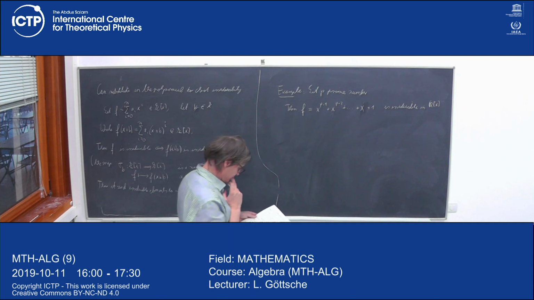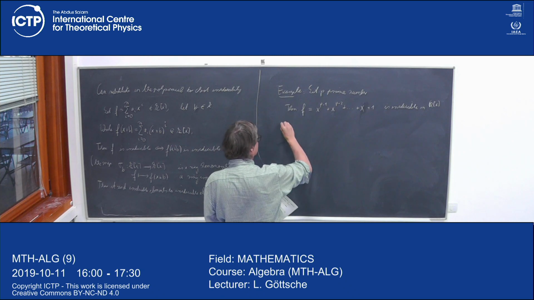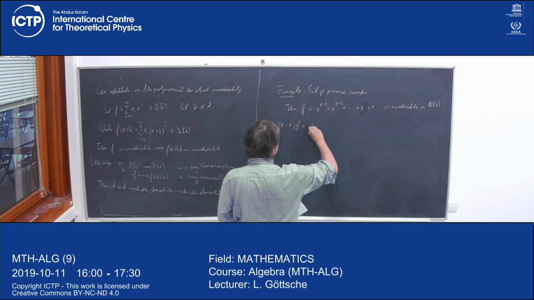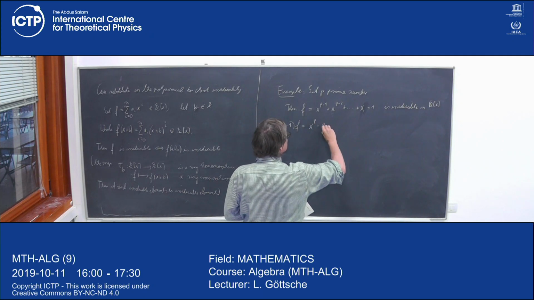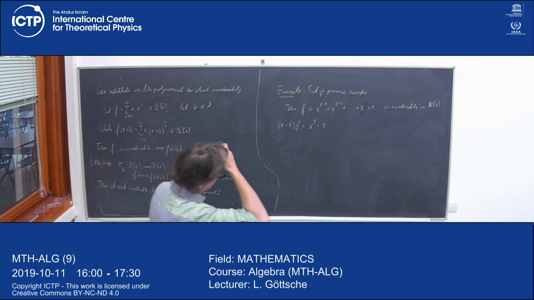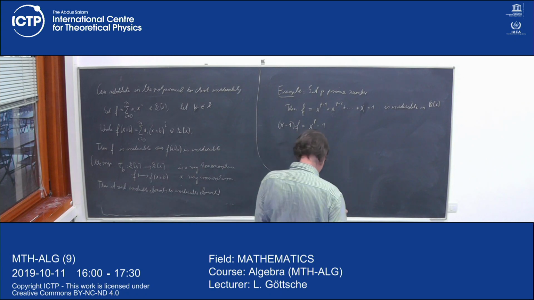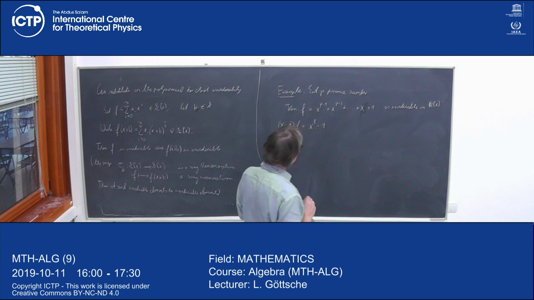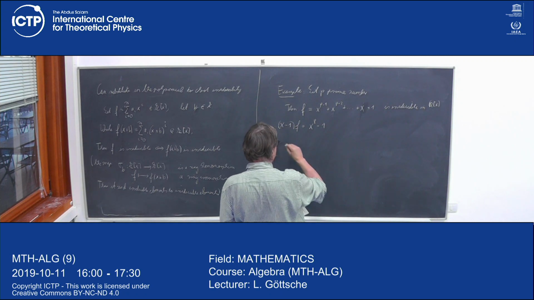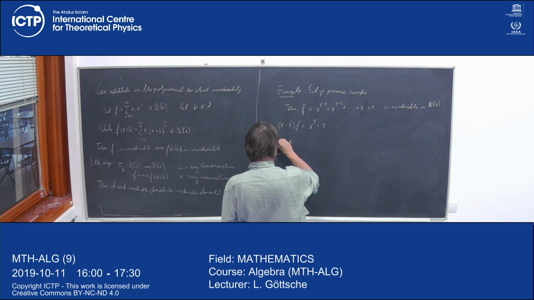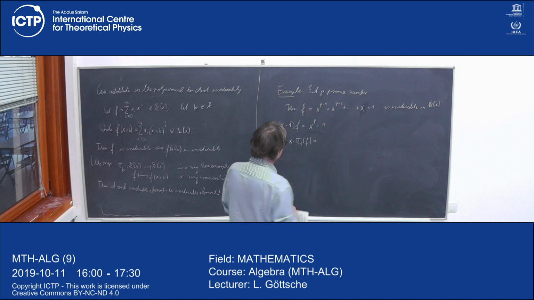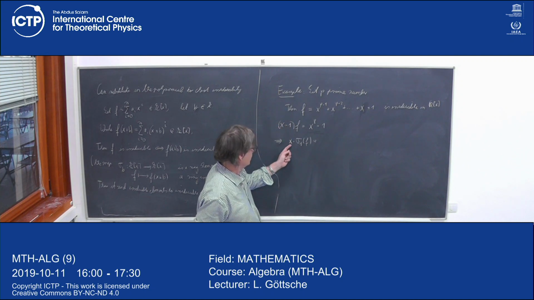Well, so in this case, what do we do? If you write x minus 1 times f, this clearly is equal to x to the p minus 1, as you know, some kind of geometric series. Now if we replace x by x plus 1, we get x times sigma 1 of f, since applying sigma 1 to x minus 1 gives x.